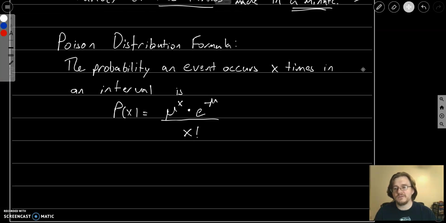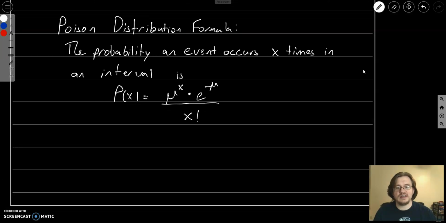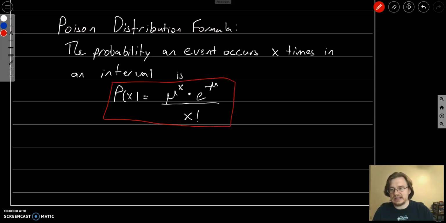The formula for the Poisson distribution has quite a few parts. So the probability that an event occurs X times within some interval is mu to the X power times e to the negative mu all over X factorial. Okay, let's break this down.